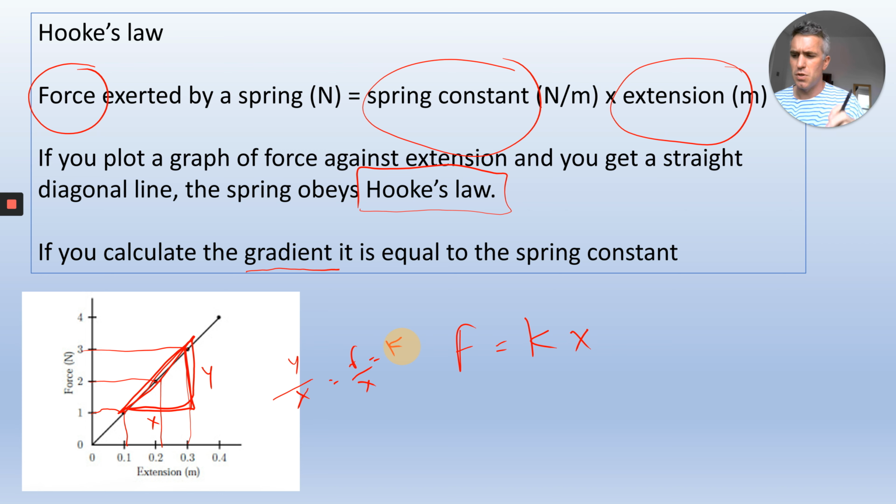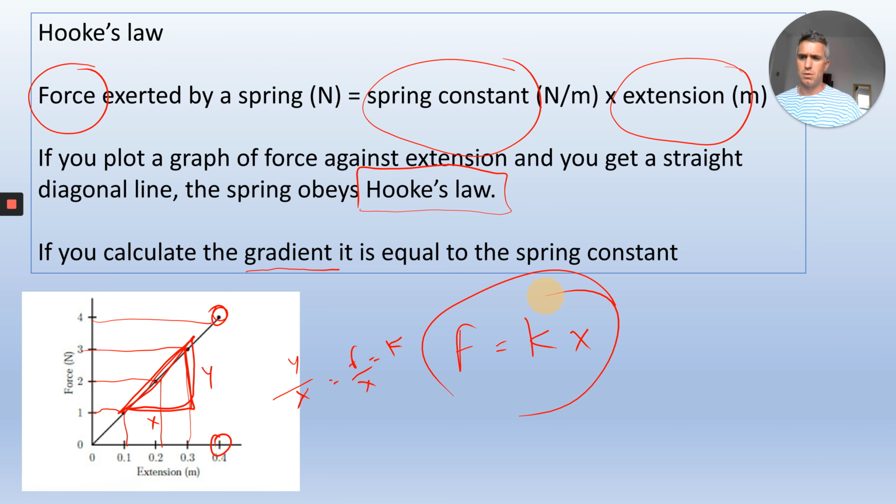So if you do this experiment, or you just copy the graph, and you get a nice straight line, we know that spring obeys Hooke's law. And you can use the gradient of the graph to work out the spring constant. You could, because ours is a lovely straight line, just choose this value here and this value here, put them into the equation to work out the spring constant that way. But the better way is to do the gradient.